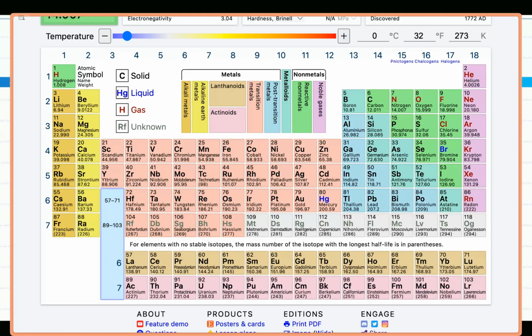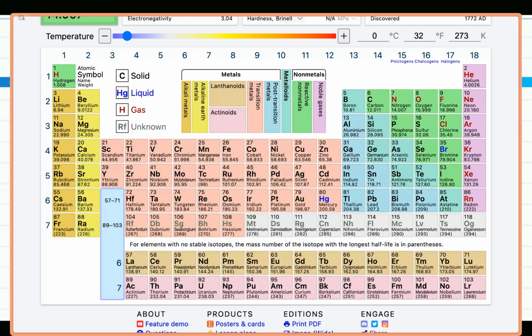I was saying just electrons total. 33. Now how many core electrons does arsenic have? 28. Because the valence electrons are going to be the 4s2 and the 4p3.